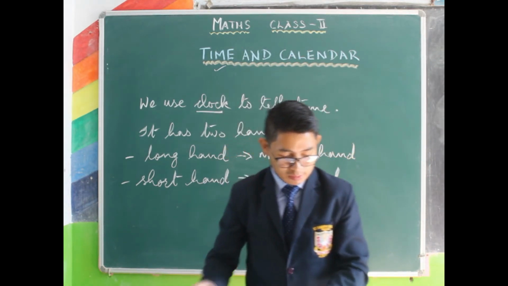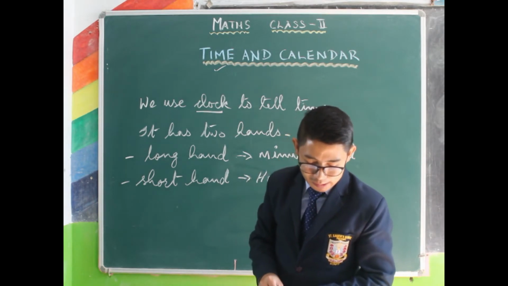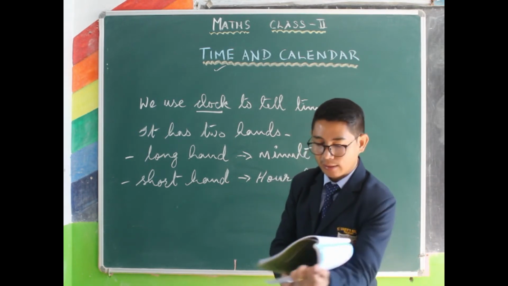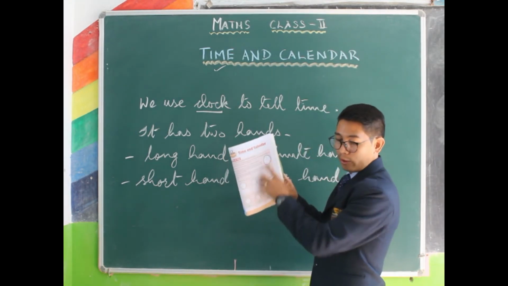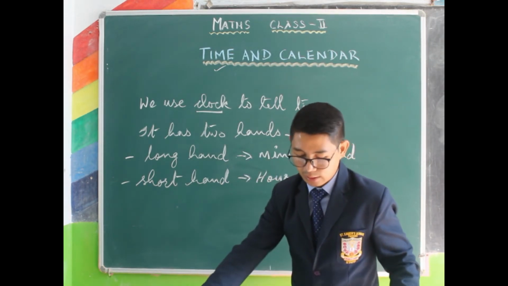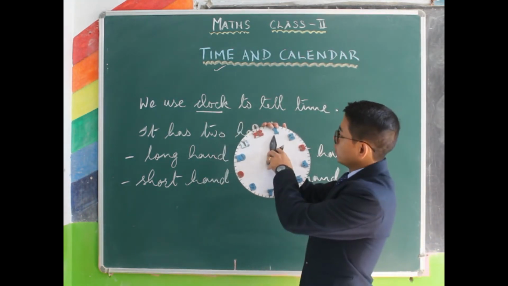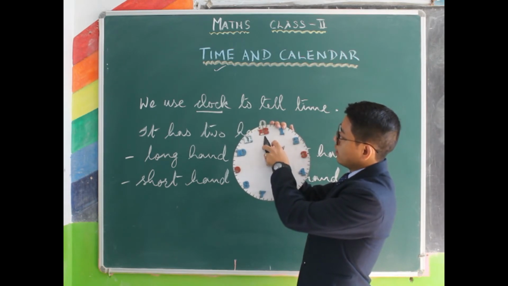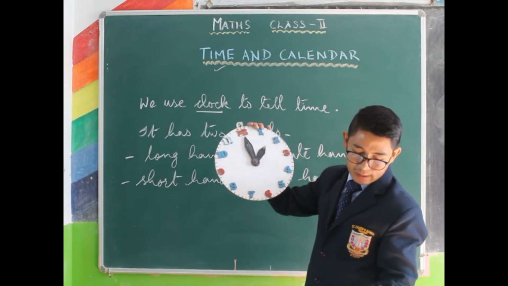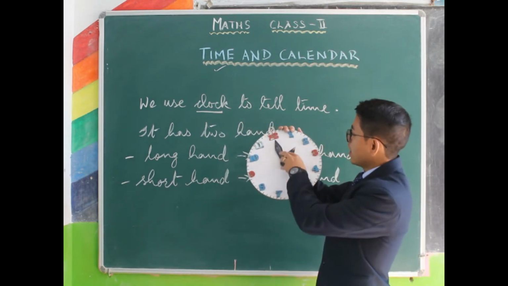Remember this. Now, in the clock shown on your right, the minute hand is at 12 and the hour hand is at 9. I am going to show this picture with the help of this clock. So let us keep the minute hand, which is the long hand, at 12, and the short hand, the hour hand, at 9.